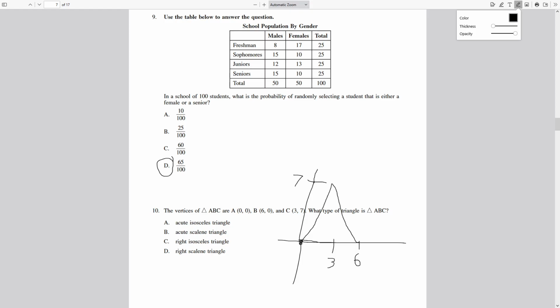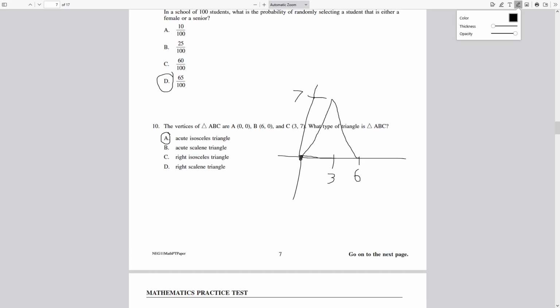Alright. It's not a right angle. It almost is. Right? Am I crazy? No, yeah. This is an isosceles triangle, and it's acute. It's an acute isosceles triangle.